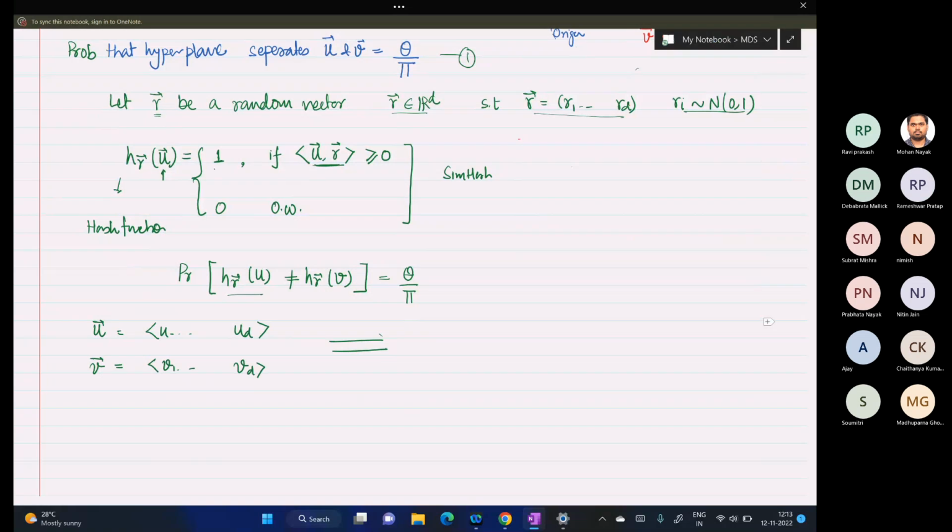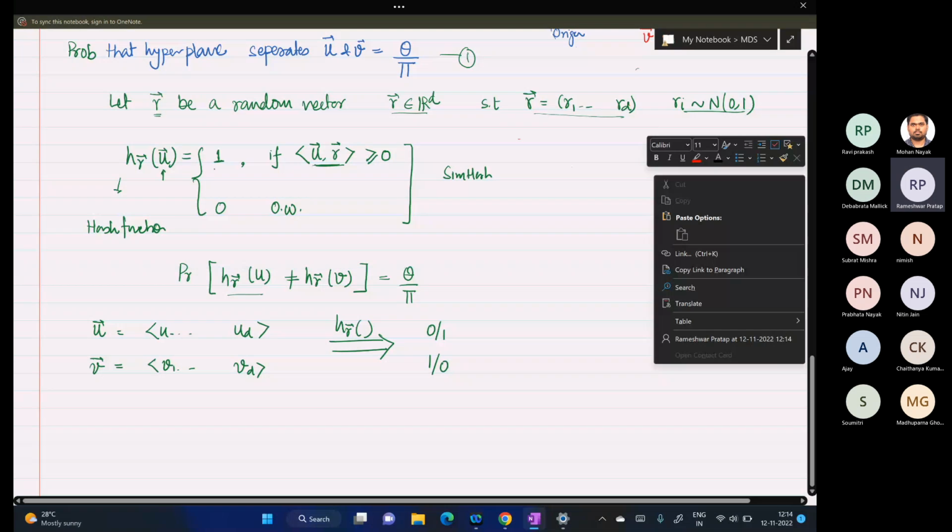After applying this hash function, say hr, we get a binary value, either 0 or 1.